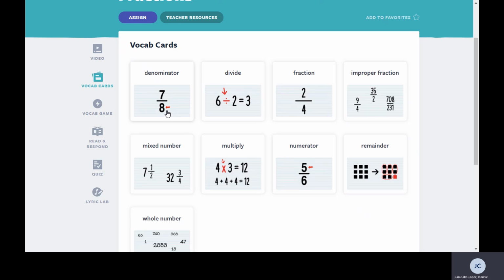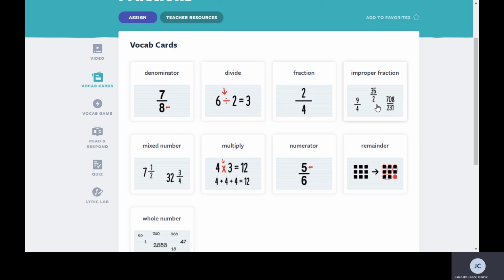Of a fraction. ¿Ok? ¿Y esto qué es? El cognado. Dividir en inglés. ¿Y esto qué es? ¿Y en español?